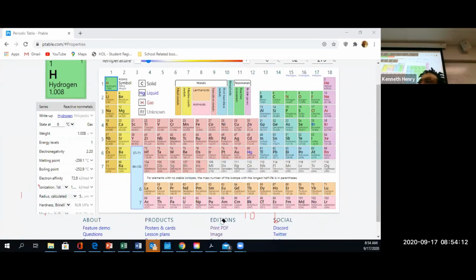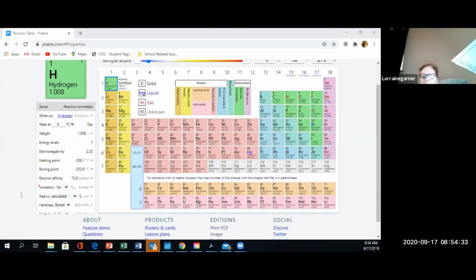Okay, so let's do Einsteinium. So where's Einsteinium? It's at the bottom. Number 99, it has 99 electrons.